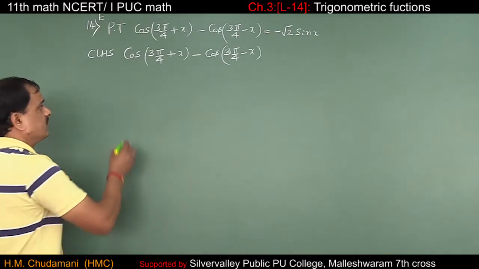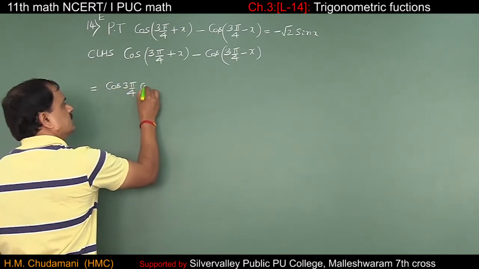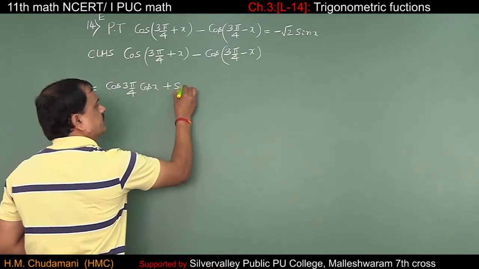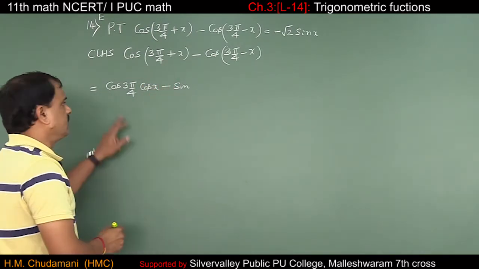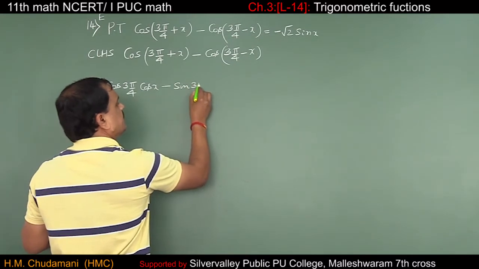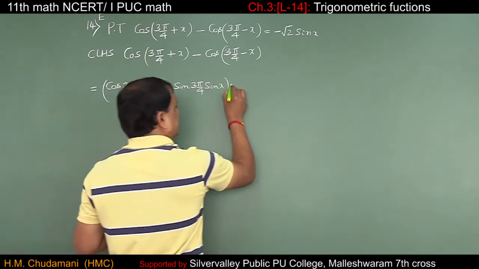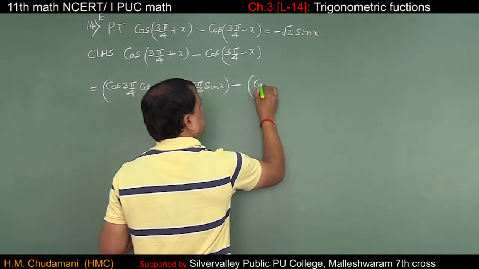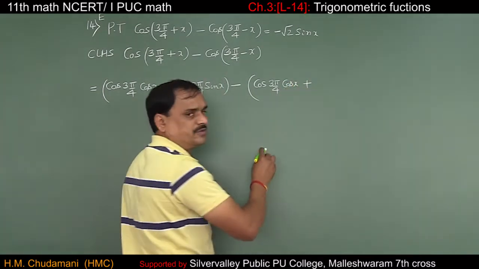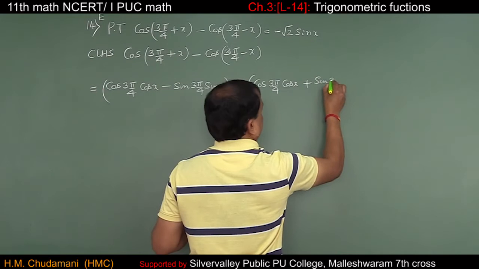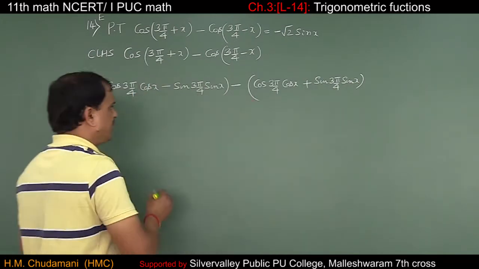Cos of a plus b formula, which is cos a cos b minus sin a sin b, minus of, this is again cos of a minus b formula, cos a cos b plus sin a sin b. I just remove the bracket.